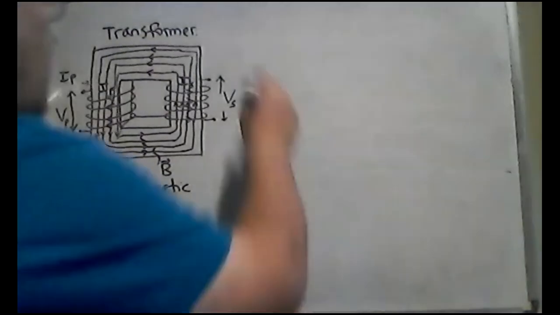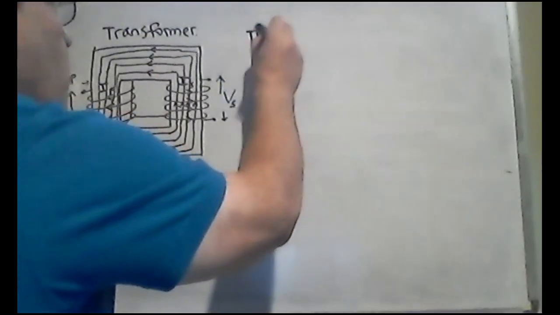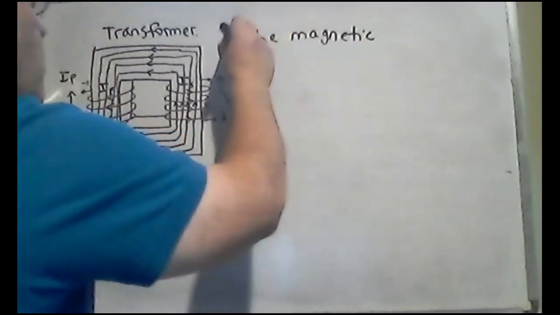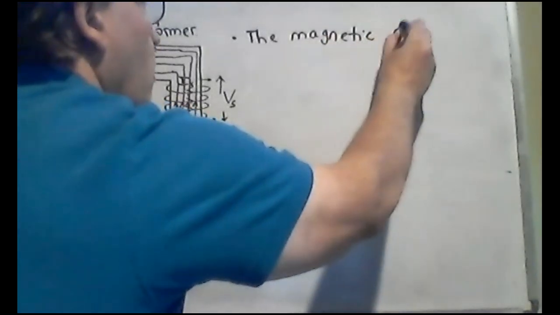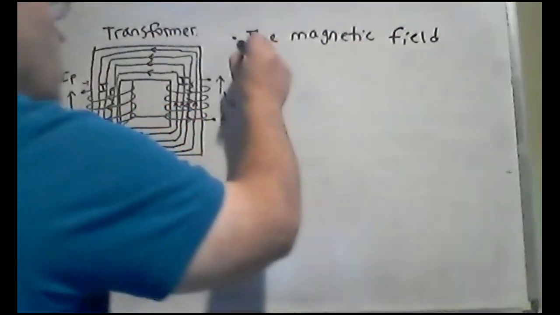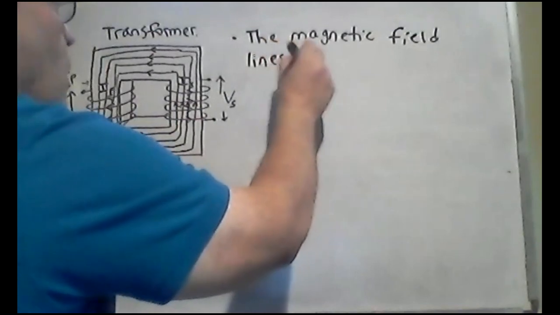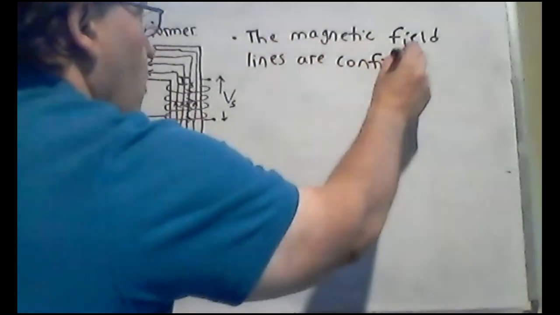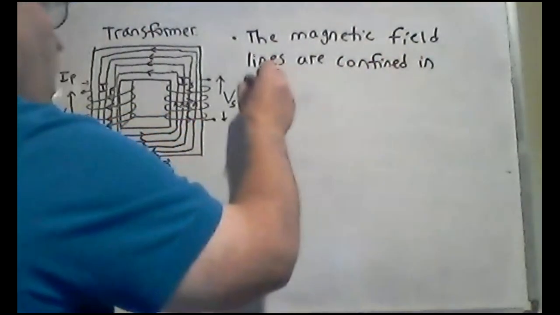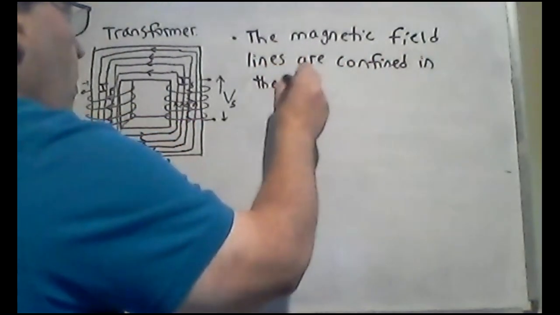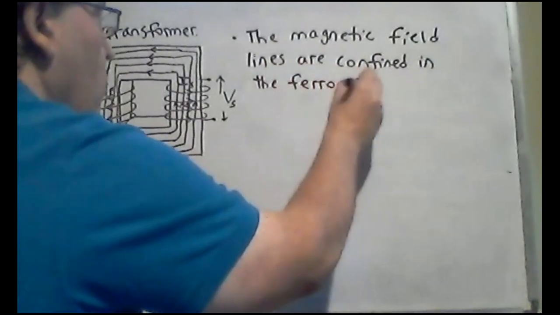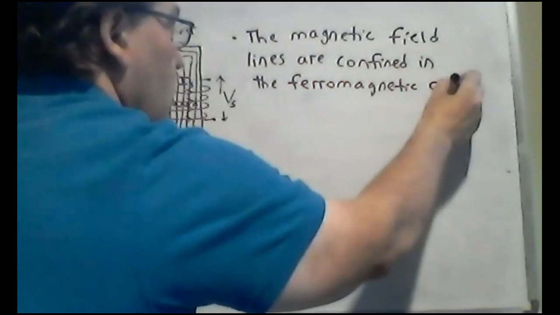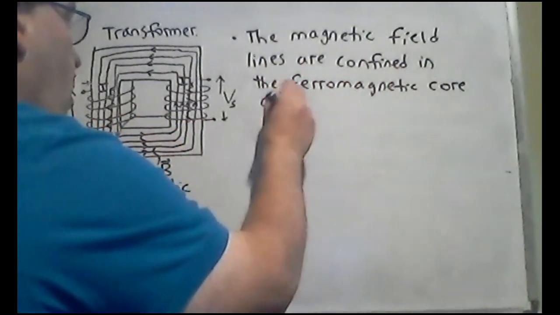All right, the magnetic field lines are confined in the magnetic core, in the ferromagnetic core, and follow around the core.